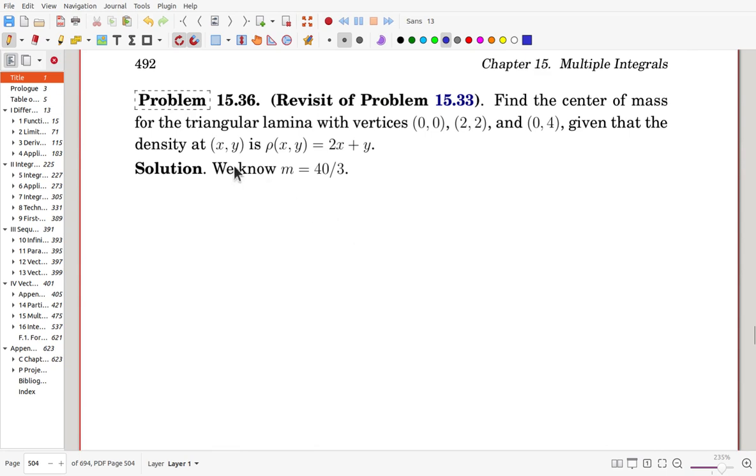Find the center of mass for the triangular lamina with vertices. So we have the same problem, but now we have to find the center of mass.